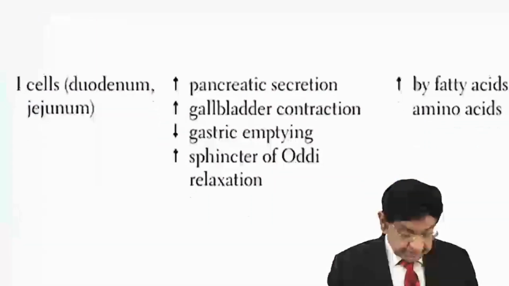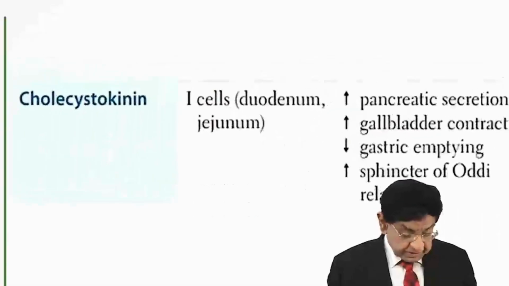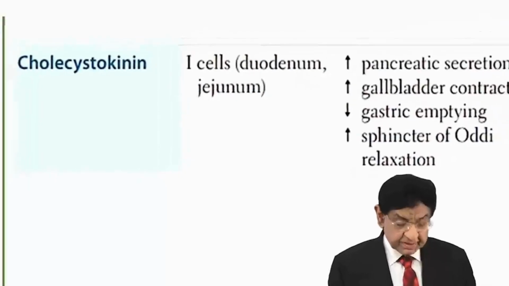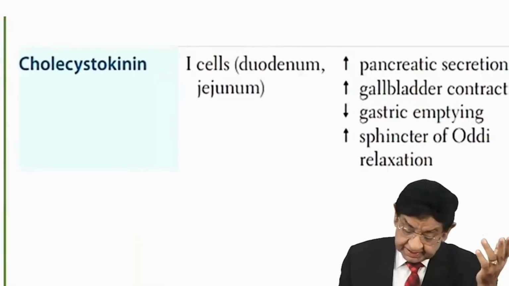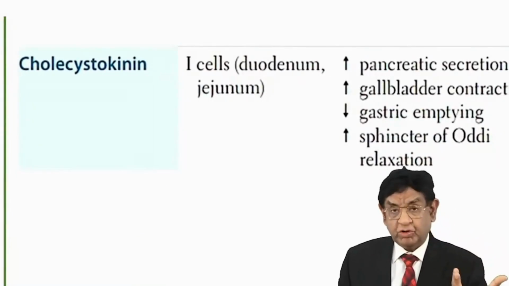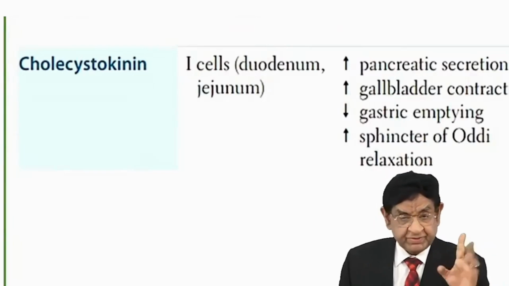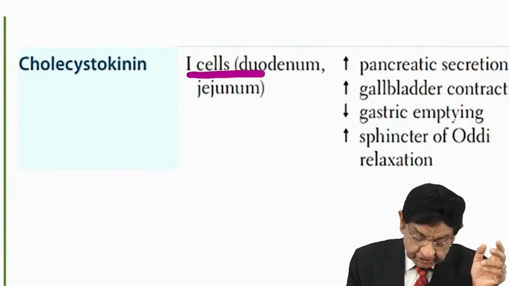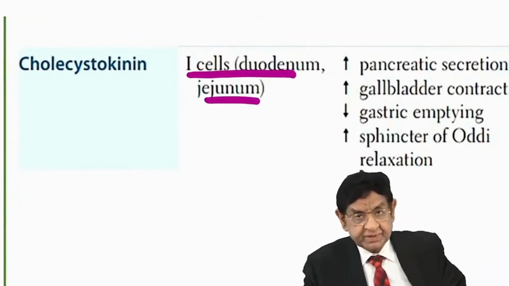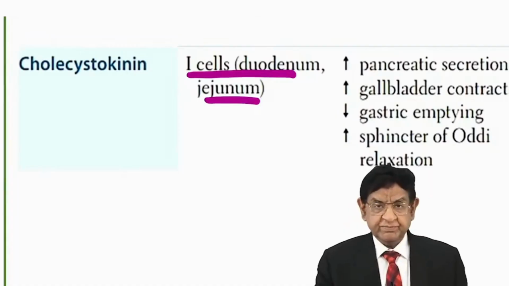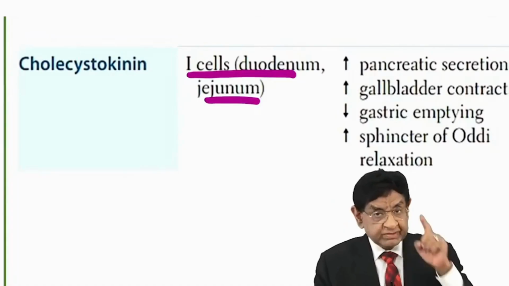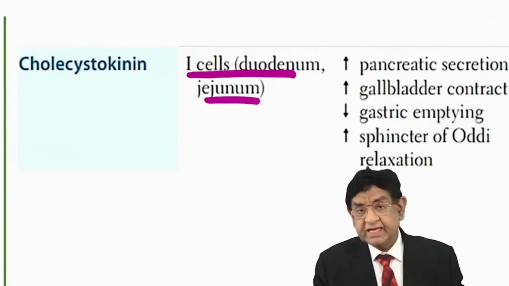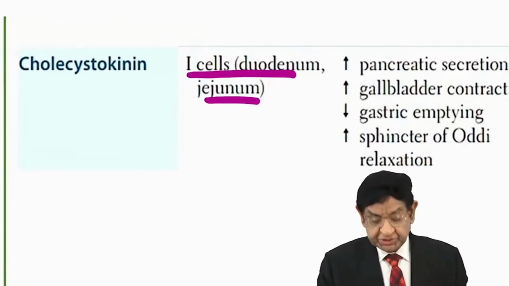The second enzyme is cholecystokinin. We have read earlier that it is the one which is going to cause gallbladder contraction. It comes from which place? The I cells of the duodenum and jejunum. Somatostatin came from the D cells, and this is from the I cells of the duodenum and jejunum.